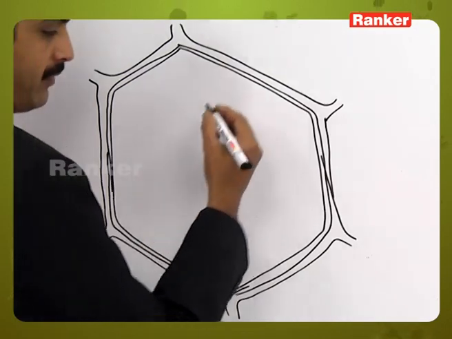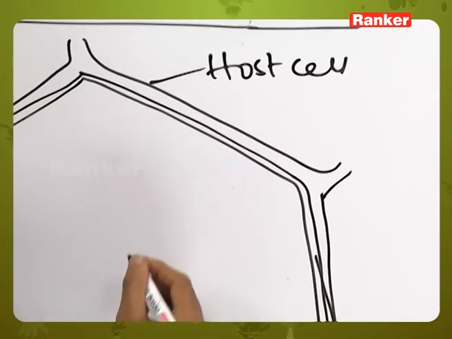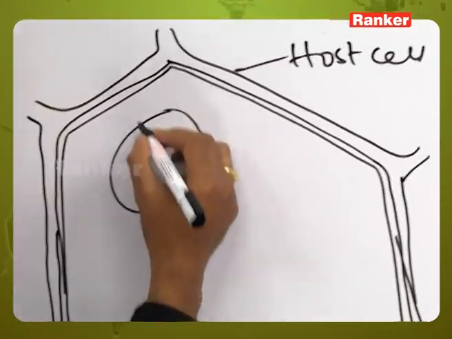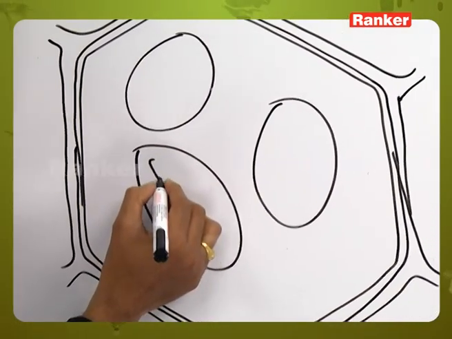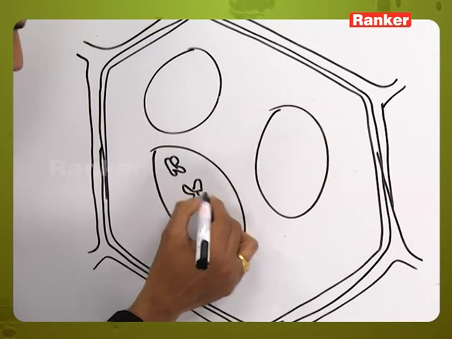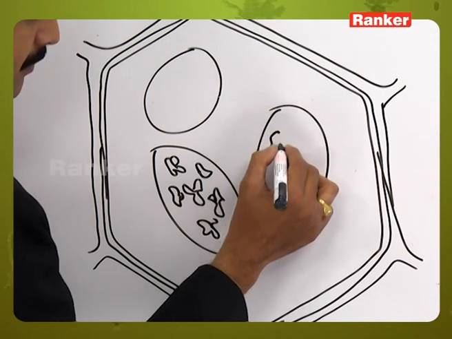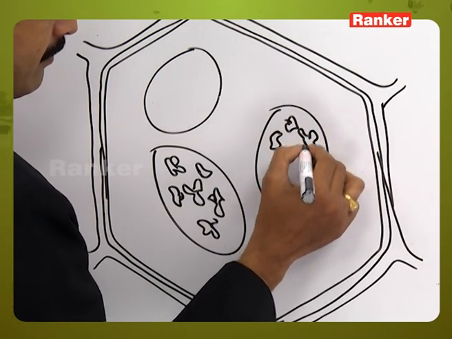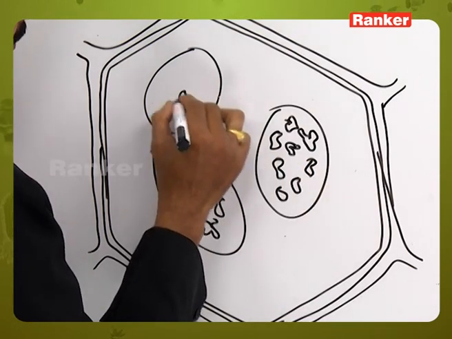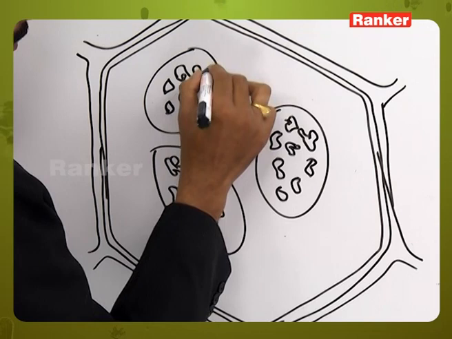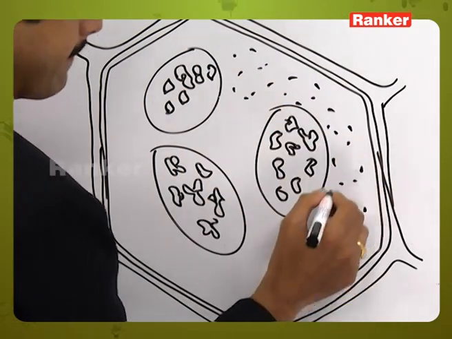This is the host cell, inside which we can see these structures, called bacteroids, and all this is the cytoplasm of the host cell.